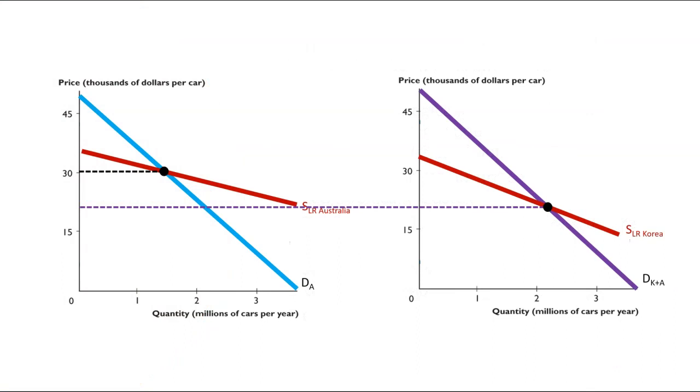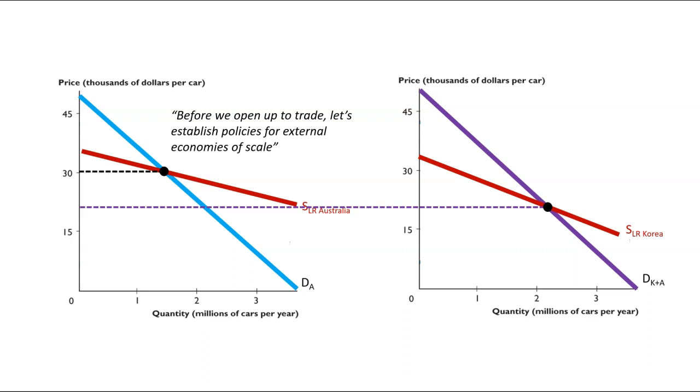So if you recall, this is where we were at the very beginning, and you're thinking about Australia opening up its economy to trade, and the government says, you know what, before we open up to trade, let's establish policies to facilitate external economies of scale so that we will be able to compete and defeat the Korean car industry.